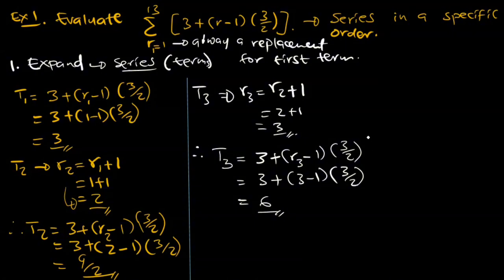Now I have T1, T2, T3. Remember, I'm trying to expand my sigma notation. Now I want to calculate the last term. How am I going to go about that? The last term is TL. So what is r for my last term?